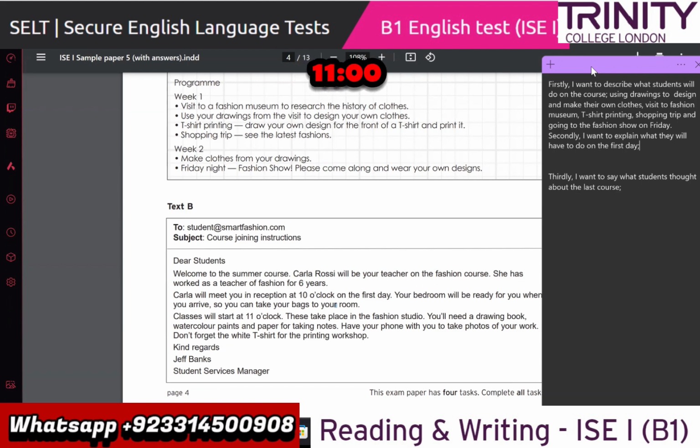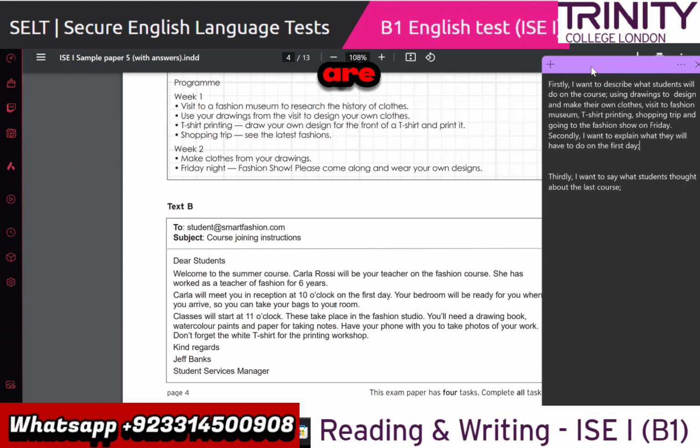Classes will start at 11 o'clock. These take place in the fashion studio. You will need a drawing book, watercolor paints, and paper for taking notes. Have your phone with you. Take photos of your work. Don't forget the white T-shirt for the printing workshop. Kind regards, Jeff Banks, Student Service Manager.